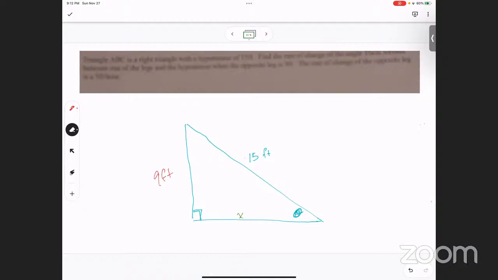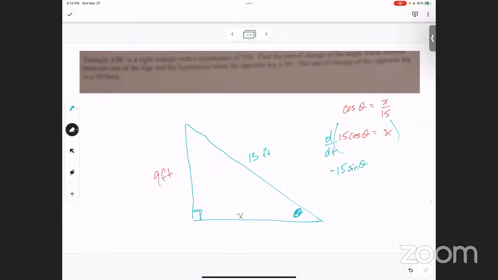So the relationship between x and theta is still going to be cosine of theta equals adjacent over hypotenuse. So 15 cosine of theta equals x. And if we take the derivative of the whole thing with respect to time, we would get negative 15 sine theta.